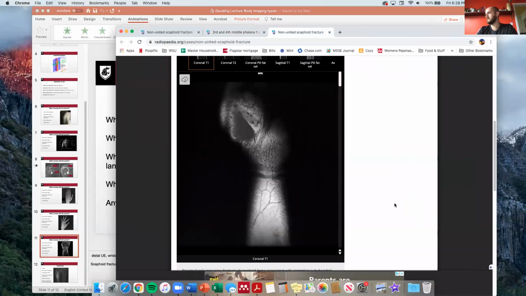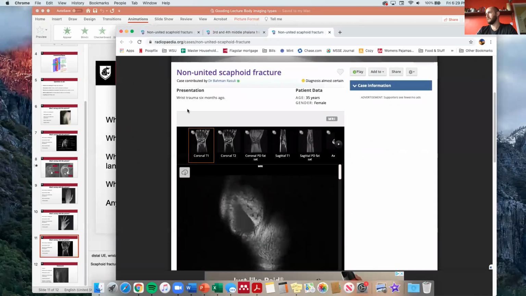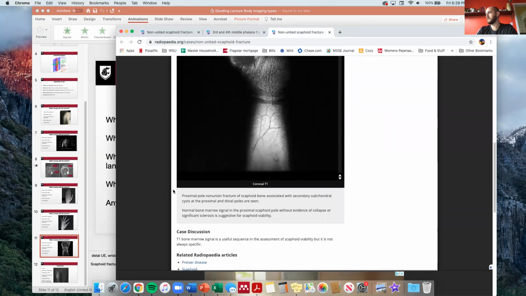They have different cases, so it'll tell you, this is a wrist from 6 months ago, 35-year-old female, and it'll often give you a brief radiology report telling you what they see or what they identify so that you can help practice that too. All right, I'll stick around for questions, guys, but have a great one.